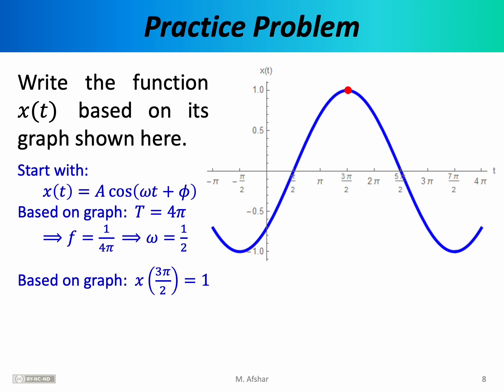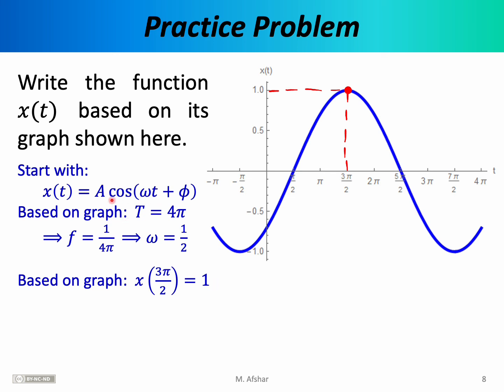So what I'm doing here is choosing a peak and noticing that the oscillations achieve that peak at a time of 3 pi over 2 and that the x-coordinate is 1. So I can express that fact by saying that x at this particular time, 3 pi over 2, is equal to 1.